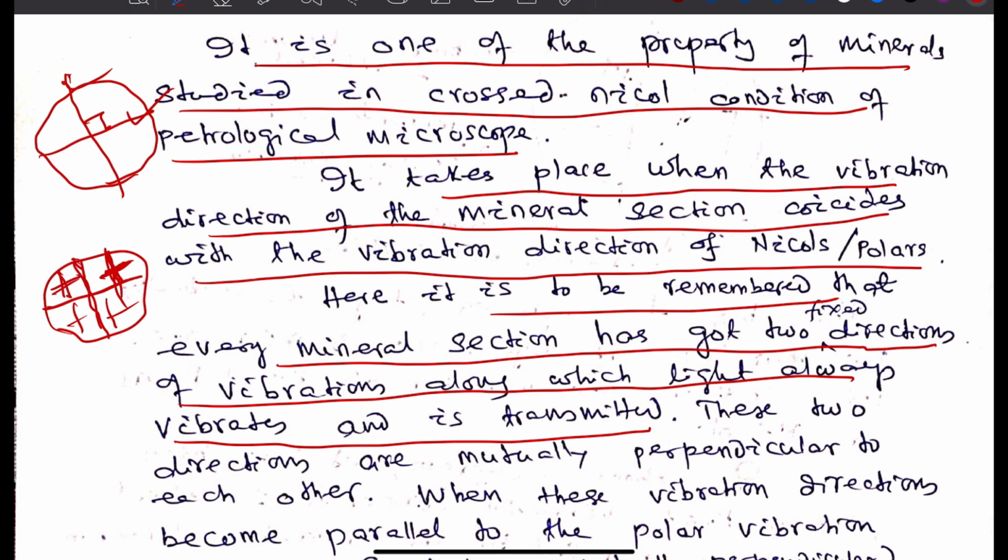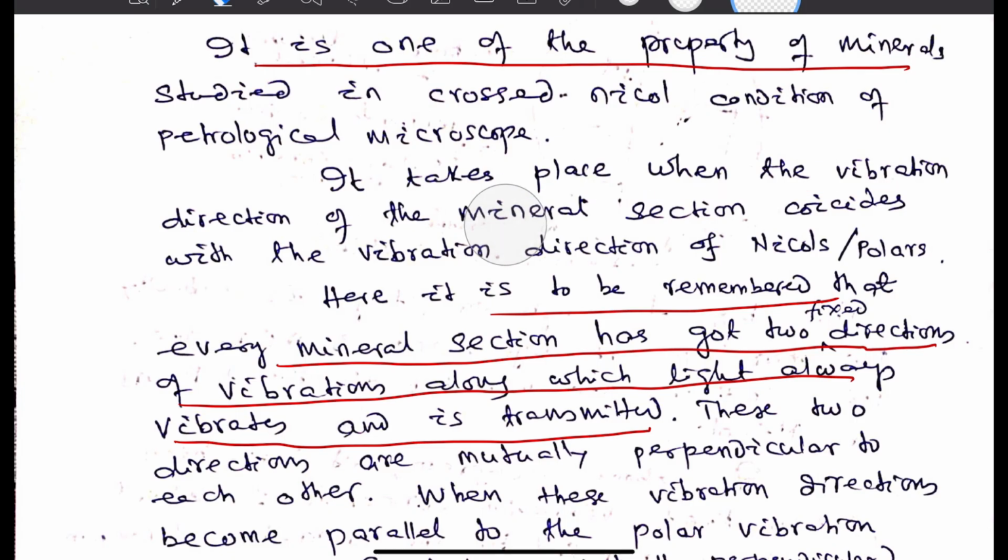So as you rotate the stage of the microscope through 360 degrees, the vibration direction of the mineral section will match with the polarizer and analyzer vibration directions 4 times. And when this matching occurs, the mineral will become extinct.